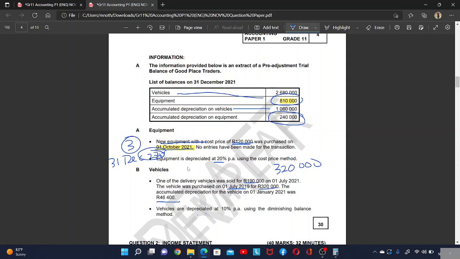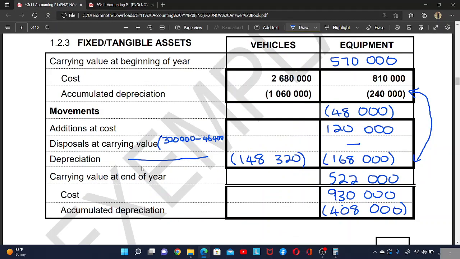We must subtract its accumulated depreciation and its depreciation of the current year. To get the disposal at carrying value, we must subtract the accumulated depreciation and also its depreciation of the current year. So what is the depreciation of the vehicle sold?